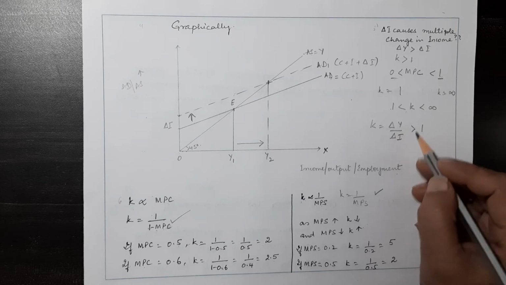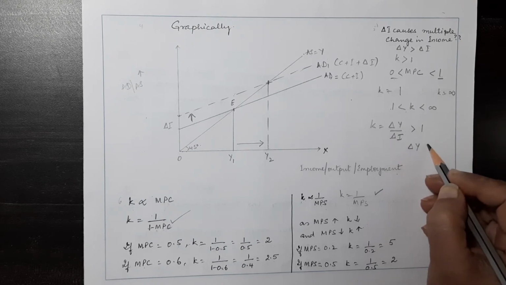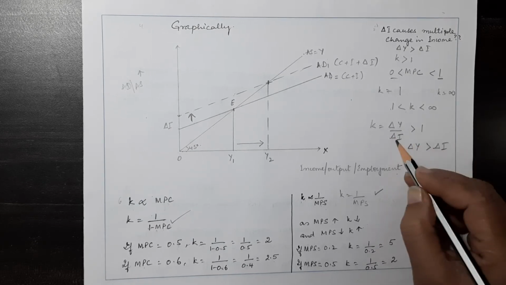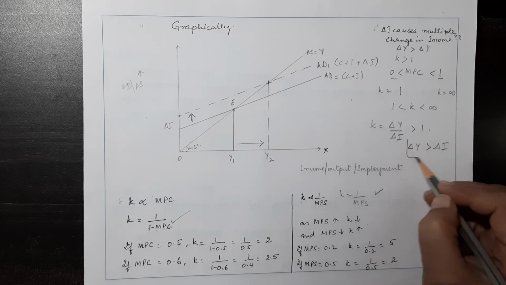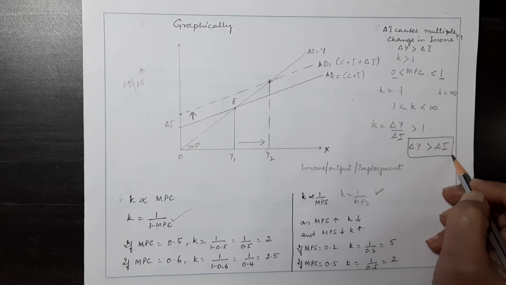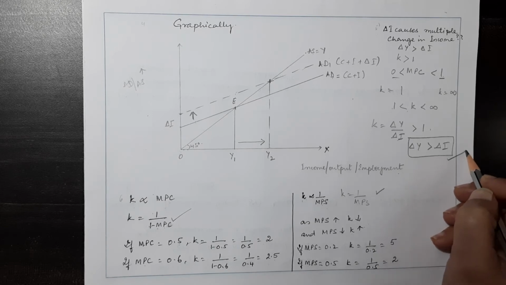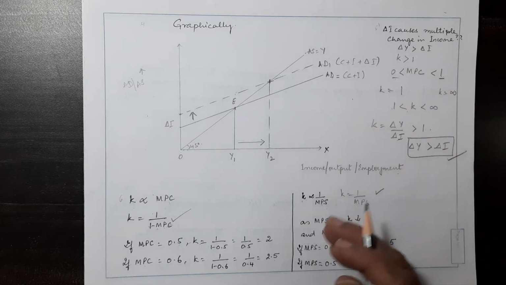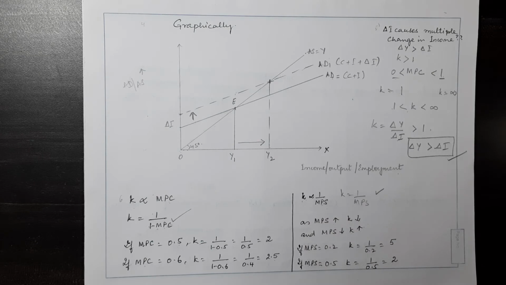So rearranging, we find that delta Y is greater than delta I. So this is what proves that a change in investment causes a multiple change in income.